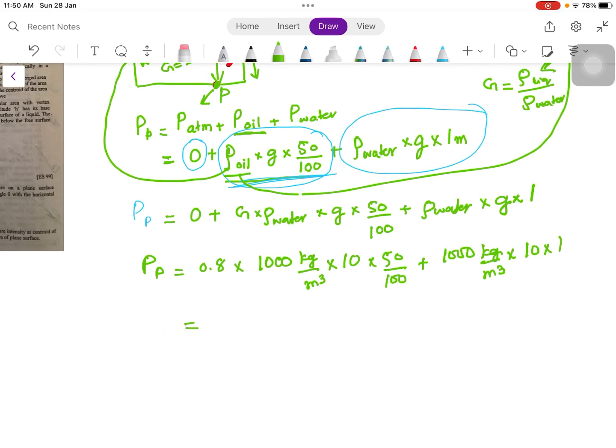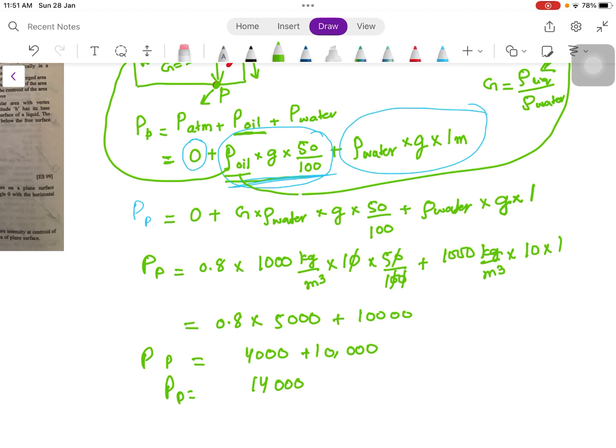All right, so let us solve it. Plus 10,000, so this is 4,000 plus 10,000, so the pressure is 14,000, all right, Newton per meter squared.